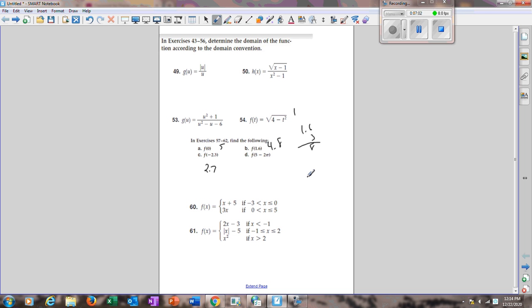So it would be negative 1.28 that I'm plugging in. That would go into this equation. Negative 1.28 plus 5 gives me, I'm sorry, 3.72. And that's it for that one. Number 61.